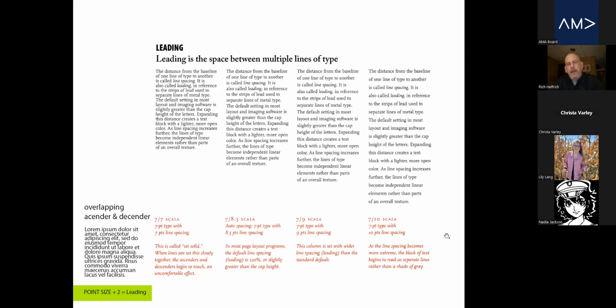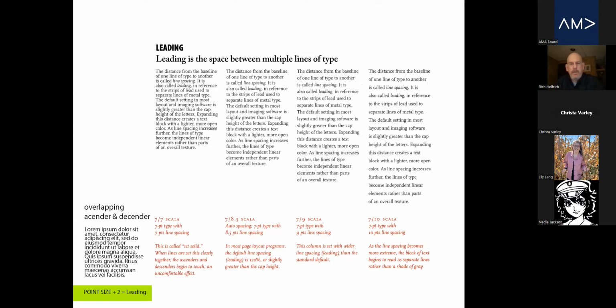And then leading. Leading is the spacing between lines of text. This is just an example of using the same font with different applications of different leading values. The font on the first is a little bit compressed. The second column is a little bit more open, third, and so on and so forth. If you create something where the leading is too compressed, you can impede readability, particularly if you look on the bottom left, and that's overlapping ascenders and descenders.